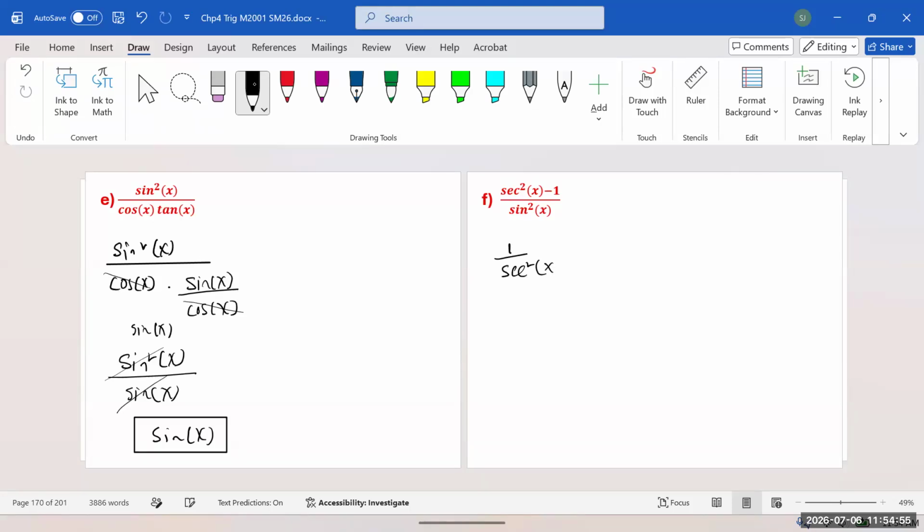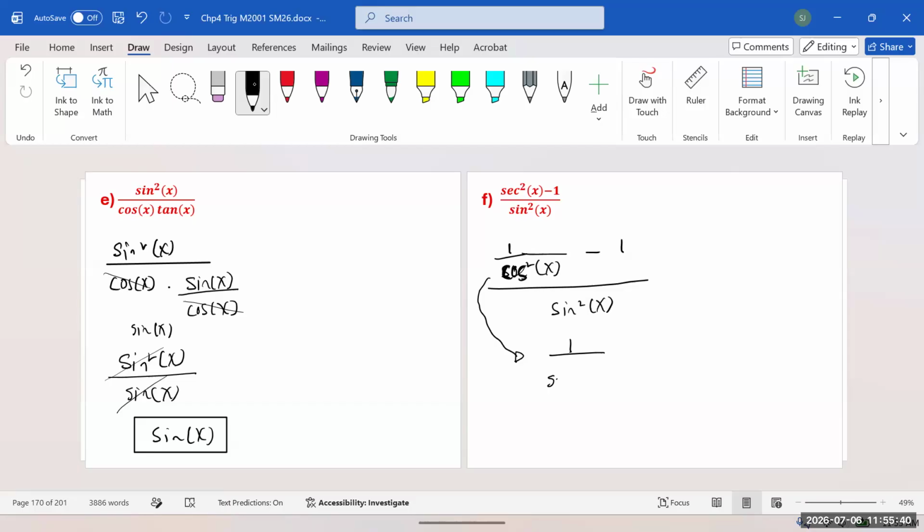1 over secant squared, sorry, 1 over cosine squared of x minus 1 divided by sine squared x.